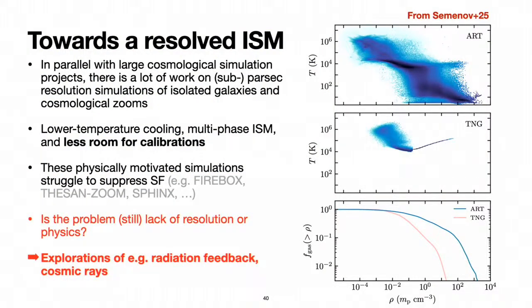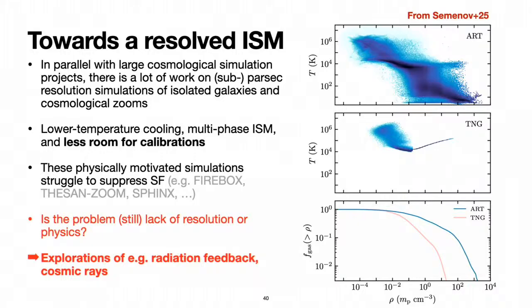So now I take this from a nice paper by Vadim Semenov from this year, where he reran one of the TNG simulations with much higher resolution and allowing the gas to go to lower temperatures. So now you can already see that when you have higher resolution and you afford to have cooling in your simulation, you get a completely different ISM than you have in these classical cosmological simulations.